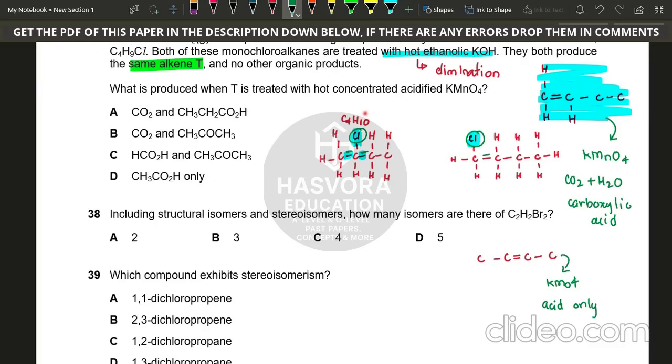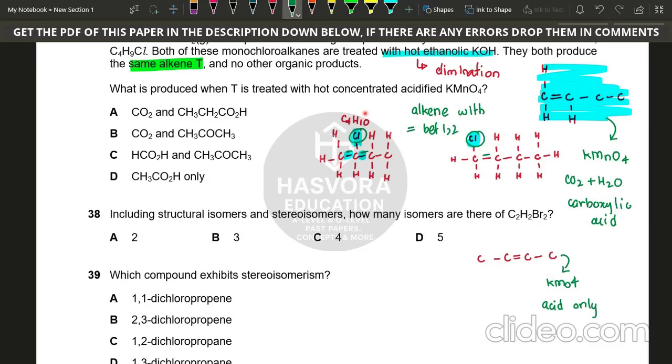Now if we assume the situation in which they both produce the same alkene, then it should be the alkene with the double bond between the first and the second. Okay, this can only be the situation in which both have the common thing.